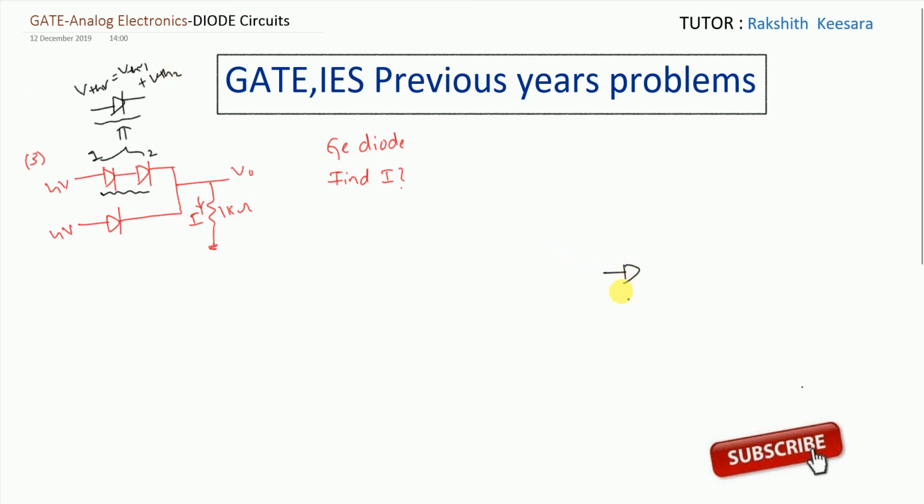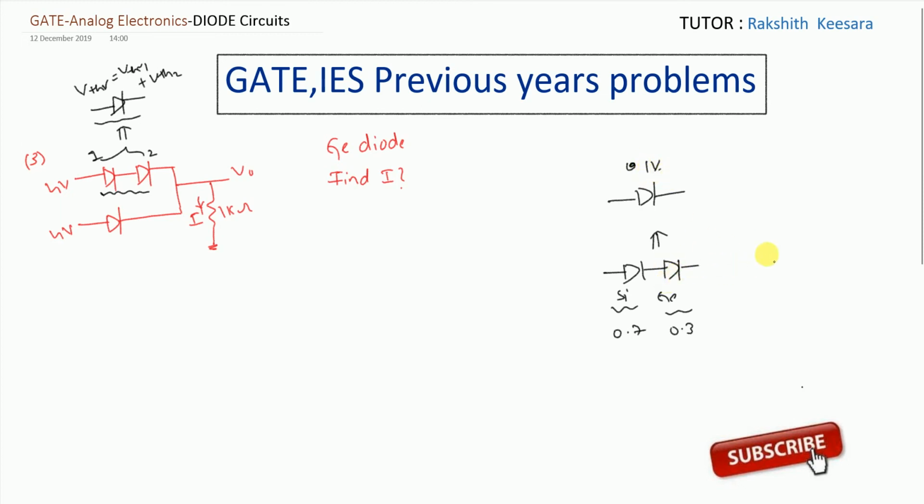See, if there is a silicon diode and a germanium diode connected in series, silicon threshold voltage is 0.7 and germanium diode threshold voltage is 0.3. So we will consider this as a single diode which is having a threshold voltage of 1 volt.